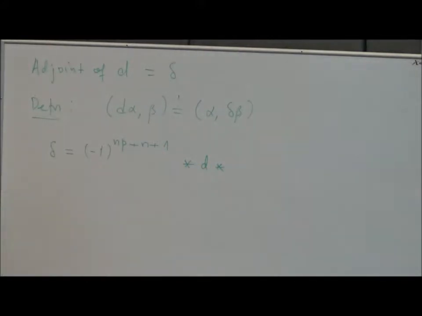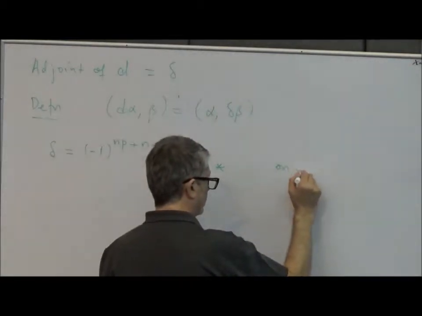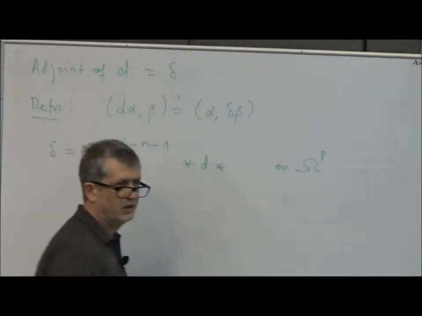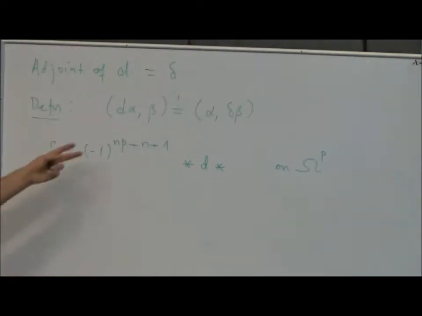These are compositions of maps where this is acting on a p-form. You should really have a good look at this. This inner product only makes sense if the entries have got the same degree, right? If one of these has got more labels, I can't do it. So they must have the same number of labels and be of the same degree.